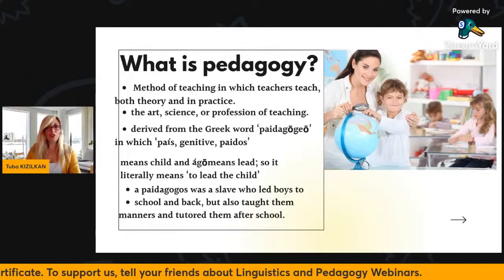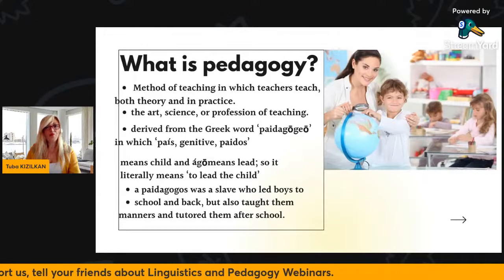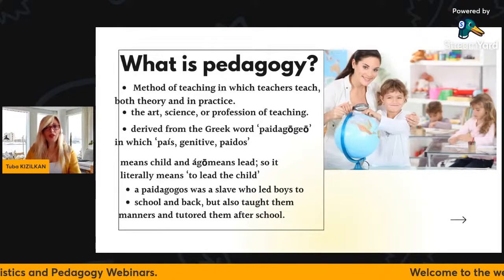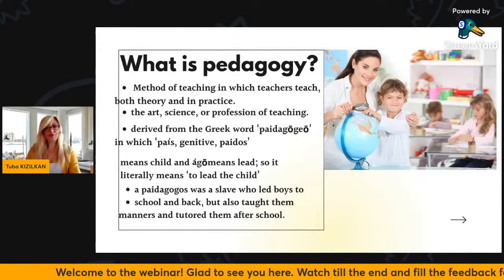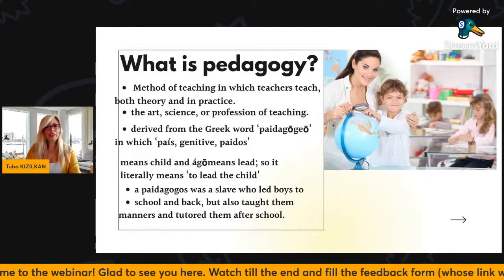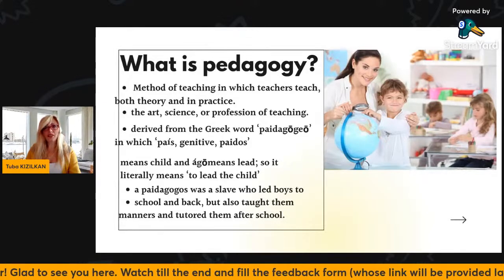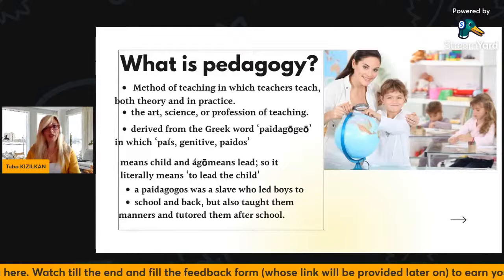The word pedagogy is derived from the Greek word pedagogos, in which pais, in the genitive paidos, means the child, and ago means to lead. So the word literally means to lead the child, to guide a child.